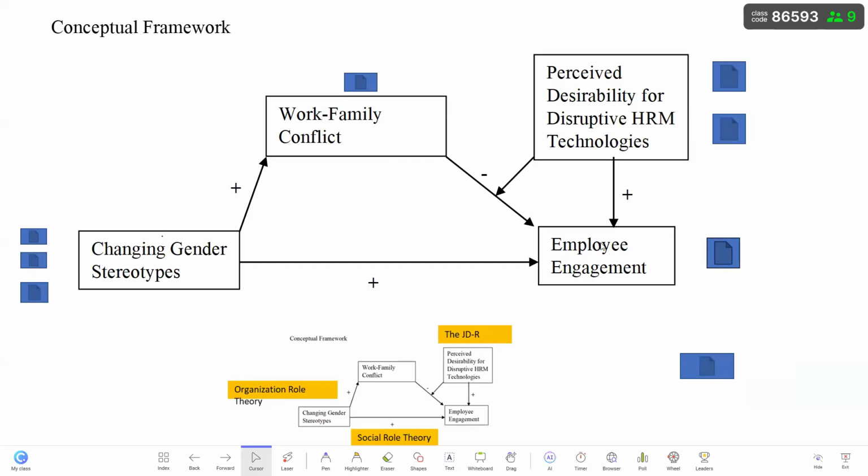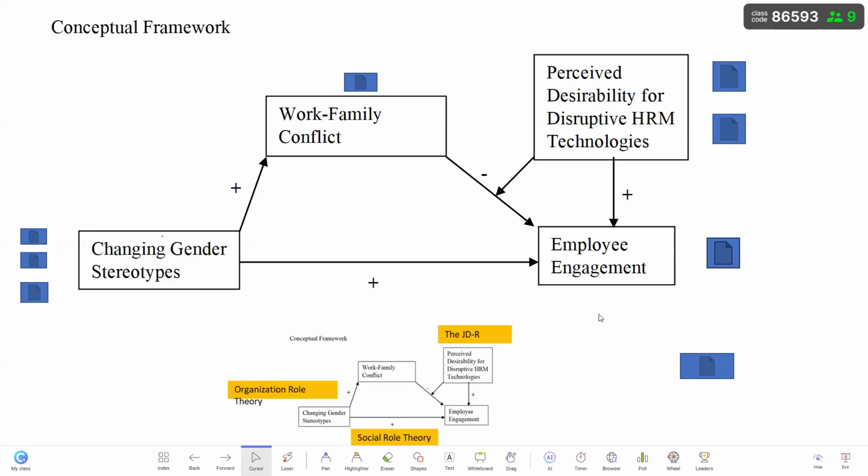Since the dependent variable is introduced, you need to check whether these variables have been investigated as determinants of employee engagement. Download a set of articles regarding employee engagement or work engagement and check what the possible determinants are.